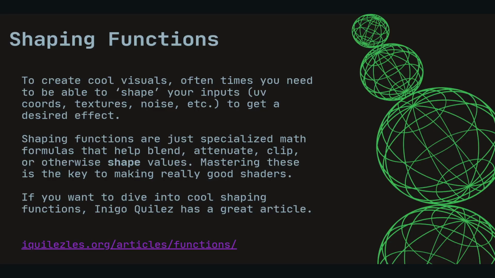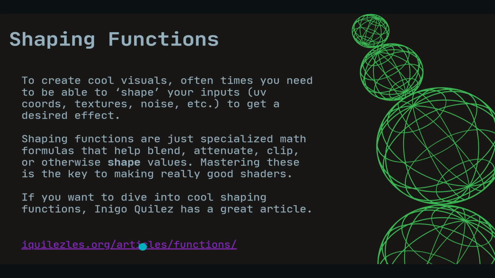Shaping functions, I won't cover this too much, but it's cool to know. Also wanted to mention a really cool guy who is really good at shader programming and mathematical art. Shaping functions are nice. If you have some input that changes on a linear scale between some values, you can shape it. So you can apply cool functions to it.